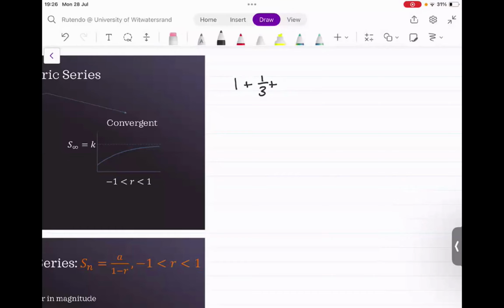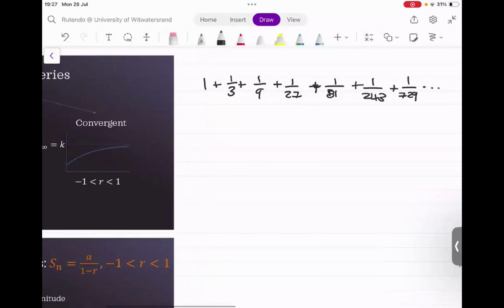My R is 1 over 3, so 1 over 9. Then the next one is going to be 1 over 27, then 1 over 81, then 1 over 243, then 1 over 729, and going and going. What is 1 over 729 in terms of a decimal?